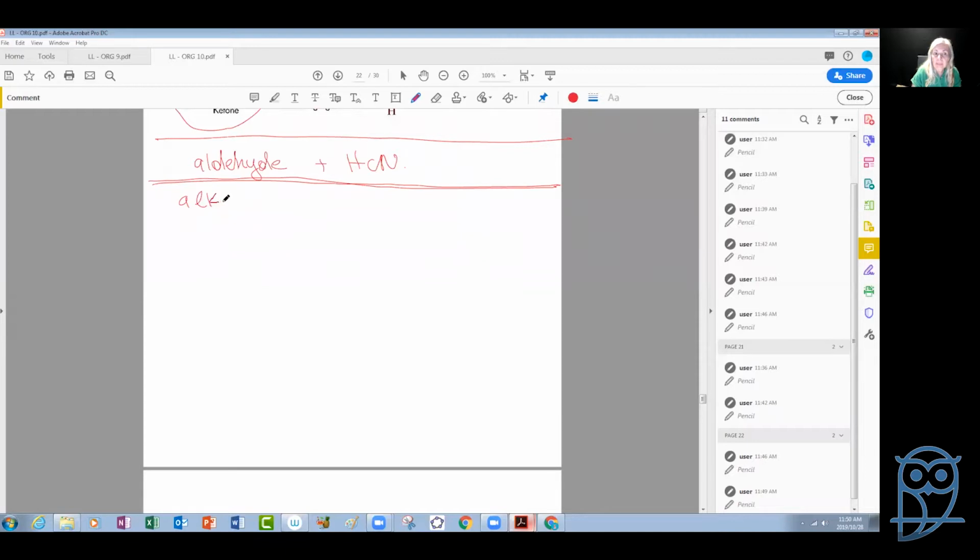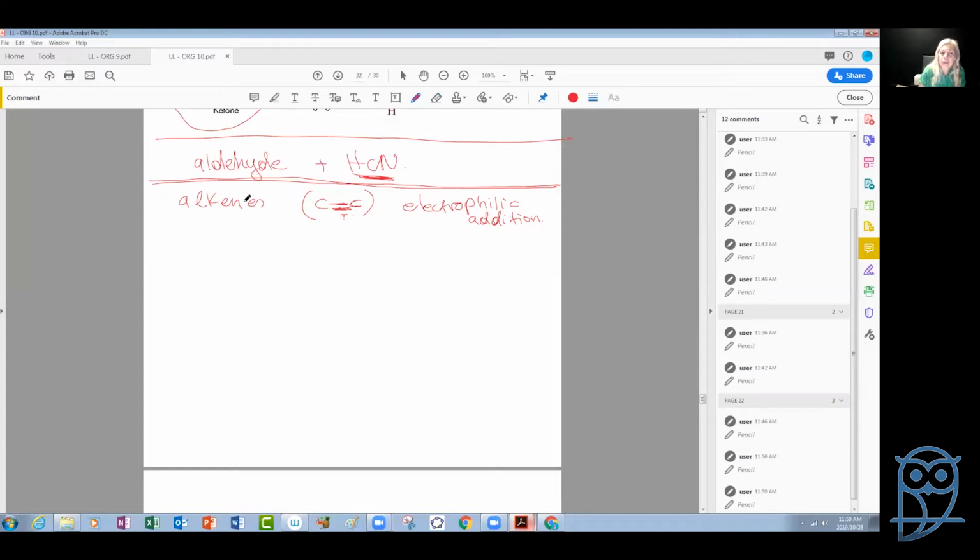In the alkenes, which, remember, have a double bond between two carbons, we have met the electrophilic addition that concerned the breaking of this double bond between the two carbons and the addition of something. But now this addition is not an electrophilic addition that happens in the aldehydes with this hydrogen cyanide. This is a nucleophilic addition.